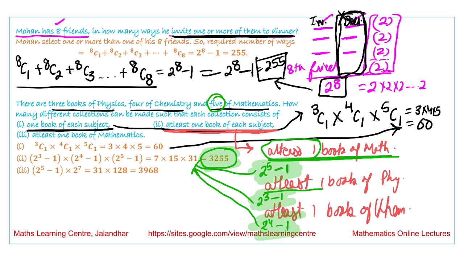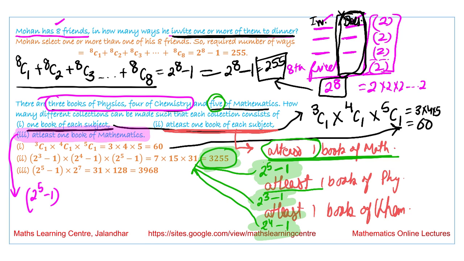And the last case we have over here, at least one book of mathematics. So when we are saying at least one book of mathematics, it means we have 2 raised to the power 5 minus 1. Then out of the remaining books, how many books we have?